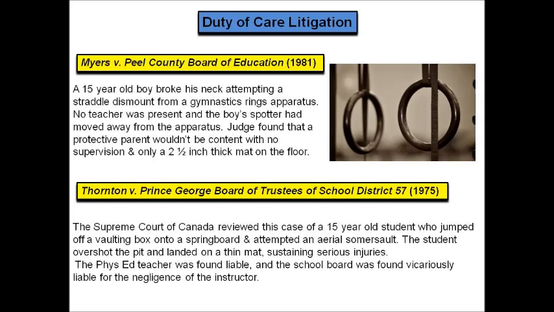And the phys ed teacher was found liable, and the school board was found vicariously liable for the negligence of the instructor. So, in other words, not only can the phys ed teacher, who should have been more vigilant in making sure that the students in his gym class were safe, be found liable here, but also the school board who hired this guy can be found vicariously liable.